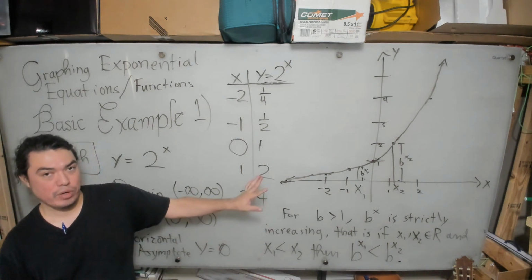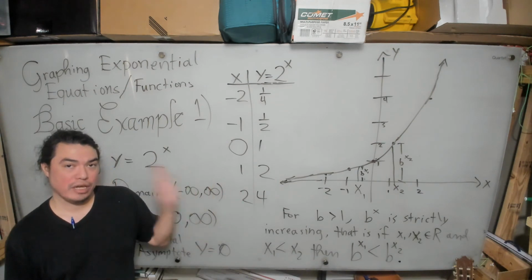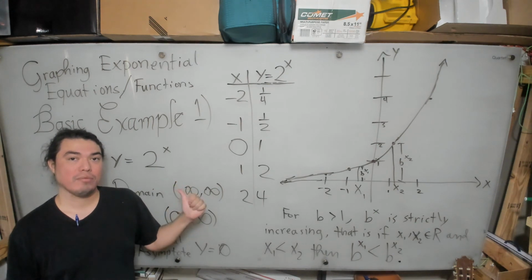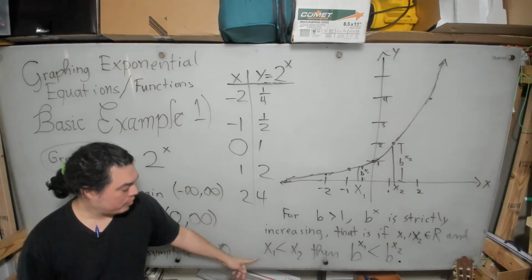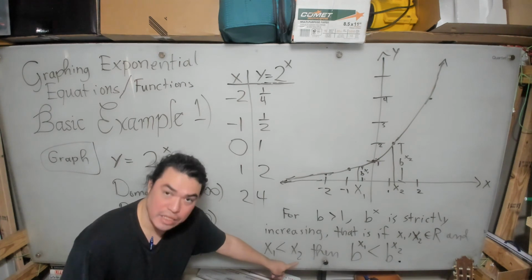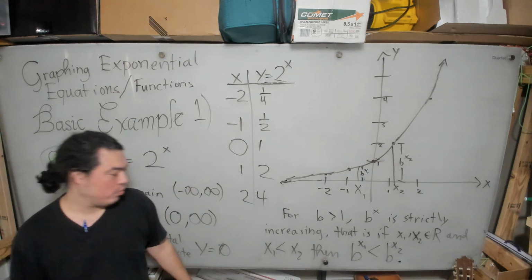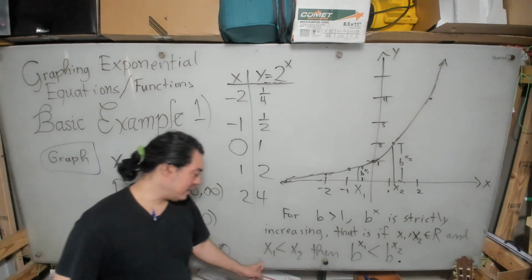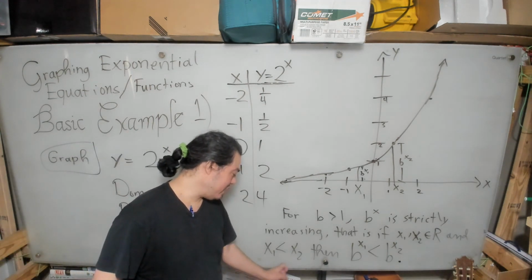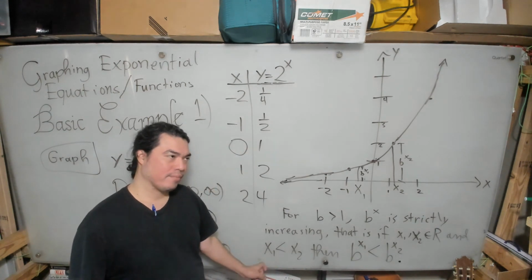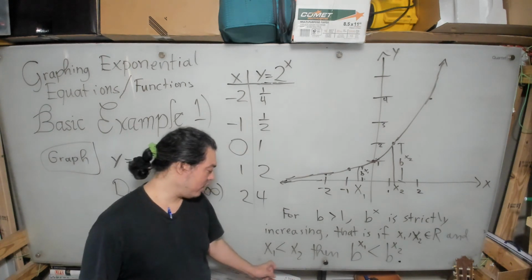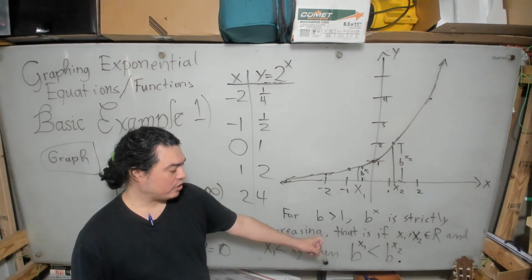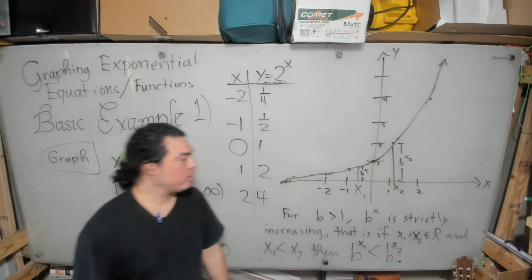We're in the scenario that negatives are to the left and positives are to the right. That means numbers get less as we go leftwards, and numbers get bigger as we go rightwards. So I can feel comfortable knowing that I'm stating it slightly informally: if x1 is to the left of x2, if x1 is less than x2, then b to the x1 is less than b to the x2.